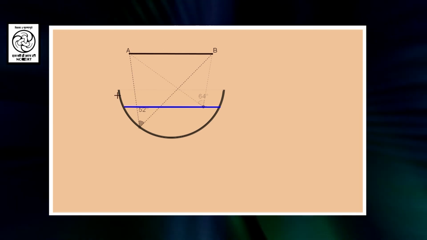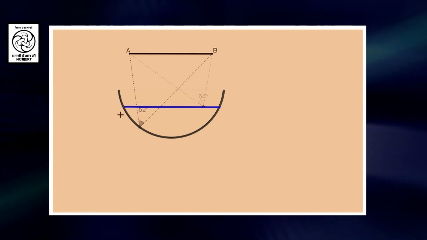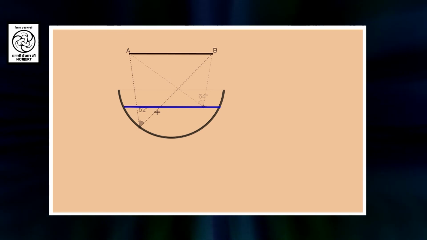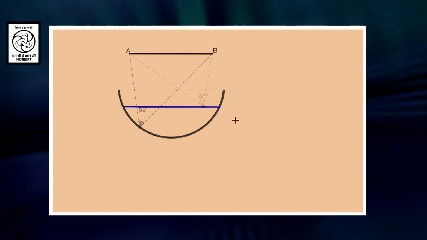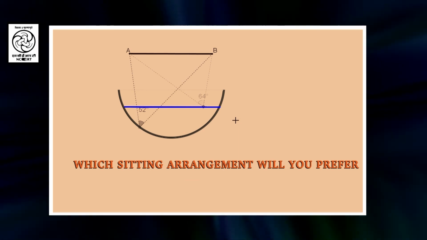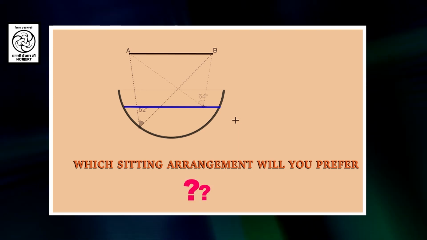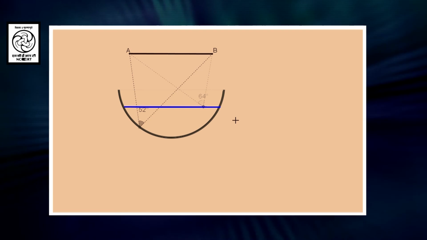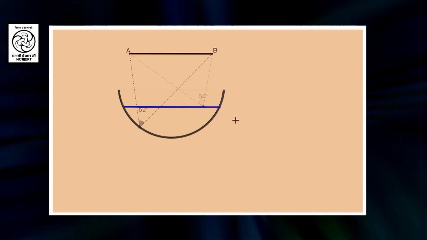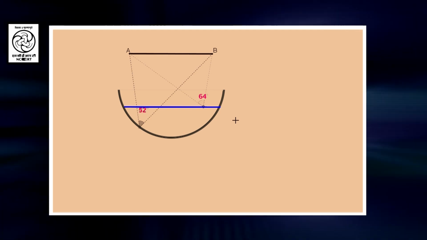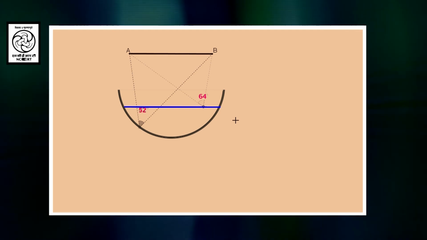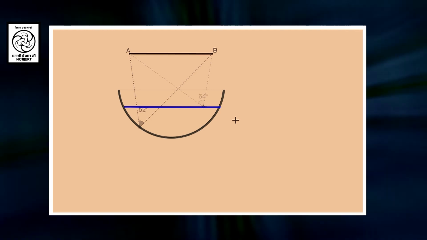Chairs in this arrangement are put in a circle, whereas the chairs in this arrangement are put along a straight line. Which one will you prefer? Obviously, we will think that since the angle subtended by AB at the line is bigger than the angle subtended by AB at the circular arc, I will prefer the seats on the straight line.